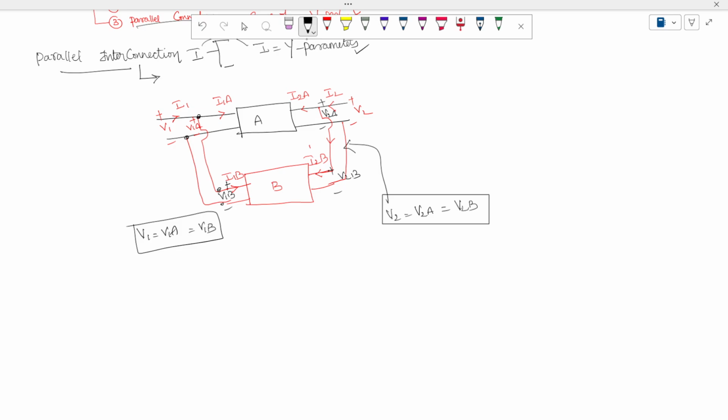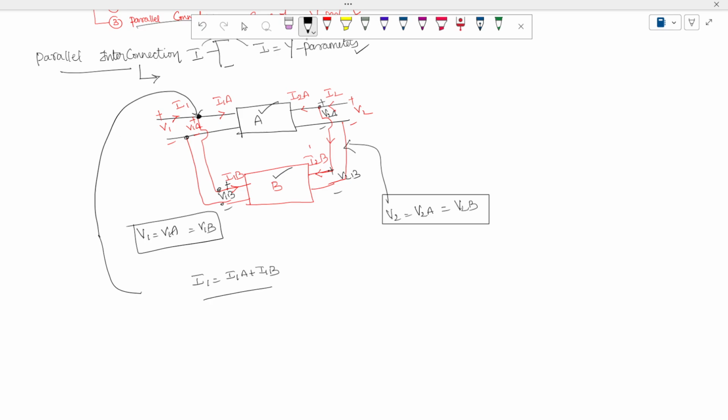So you can see here that A and B are now two-port networks connected in parallel. For the current entering at this port, the total current I write as I1 is equal to I1A plus I1B.